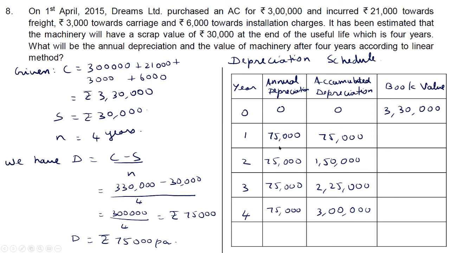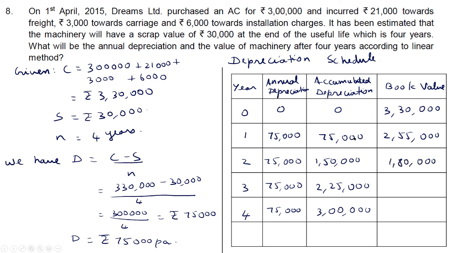Here book value at the end of first year will be the initial cost minus the depreciation. So it is 2,55,000. At the end of second year, book value will be the initial cost minus the accumulated depreciation. So 3,30,000 minus 1,50,000. So it is 1,80,000.